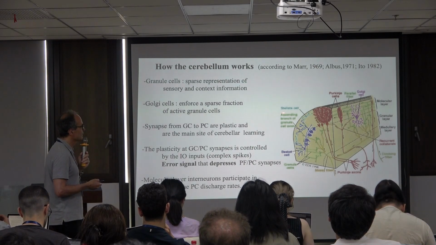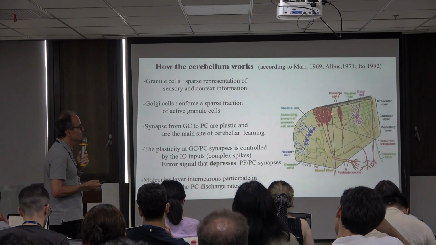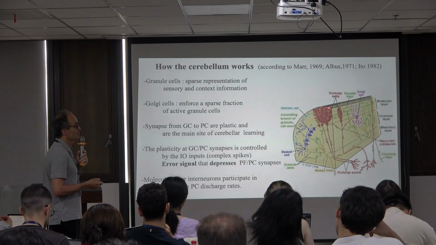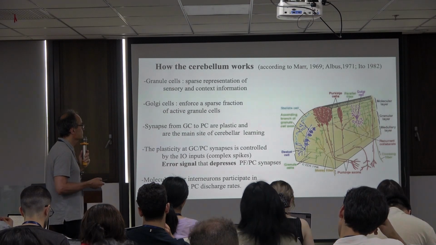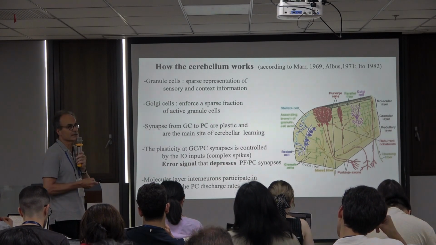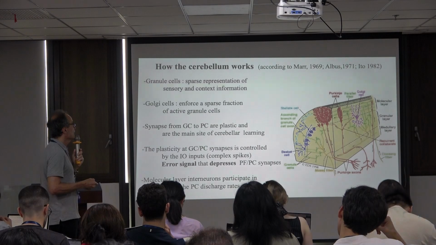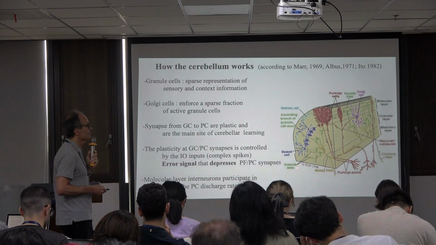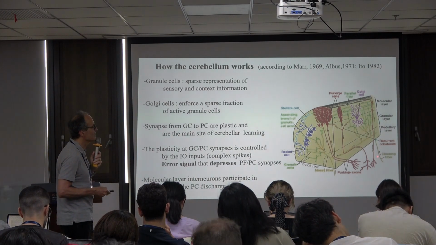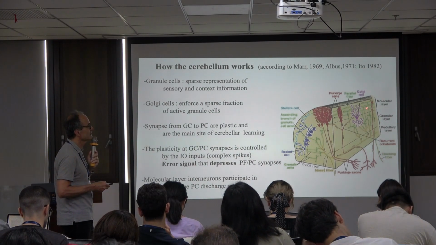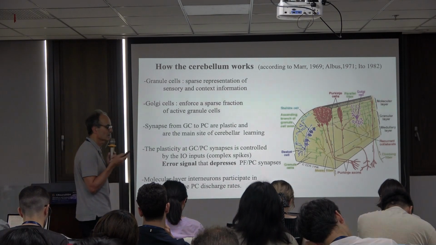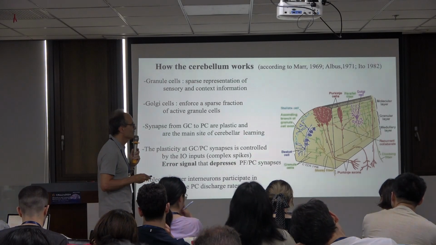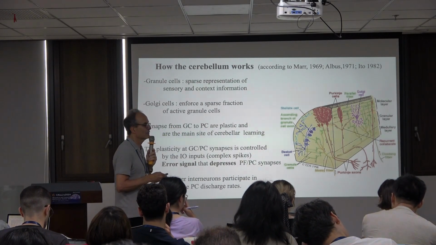Now, the synapse between the parallel fiber and the Purkinje cell is the main plastic site in the cerebellum. Each Purkinje cell receives input from a single climbing fiber.